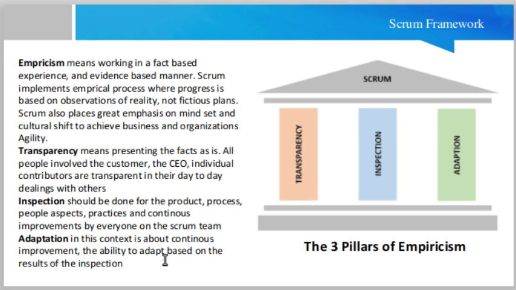Basically the Scrum framework is not very rigid compared to the waterfall model. Whatever the feedback or customer requirement is, the Scrum team should be self-organized, self-motivated and able to adapt according to the requirements of the product.